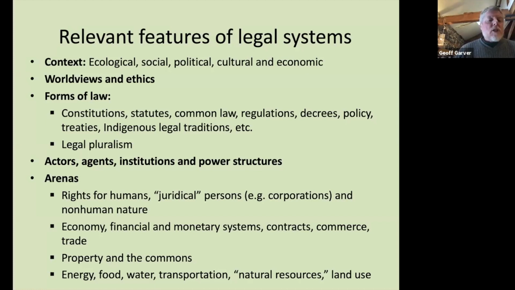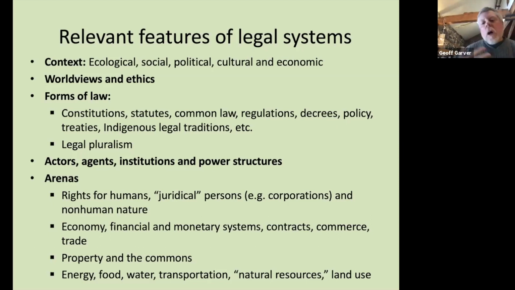We have legislatures, judges, the people to whom law applies, the enforcers, all kinds of institutions from the local to the global level that are involved in maintaining a legal and policy infrastructure. I mention these just to encourage you to have an open mind about what's involved in doing these case studies.